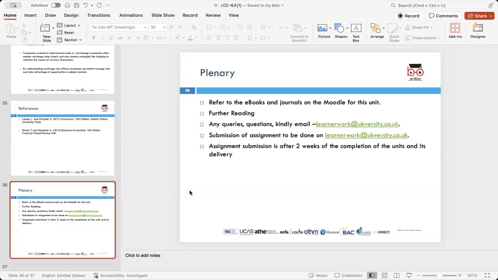That brings us to the end of our second session. Today we discussed how economic systems, market structure, and macroeconomic factors influence business operations. We also discussed how businesses respond to interest rate changes, inflation, and globalization to remain competitive and financially stable.